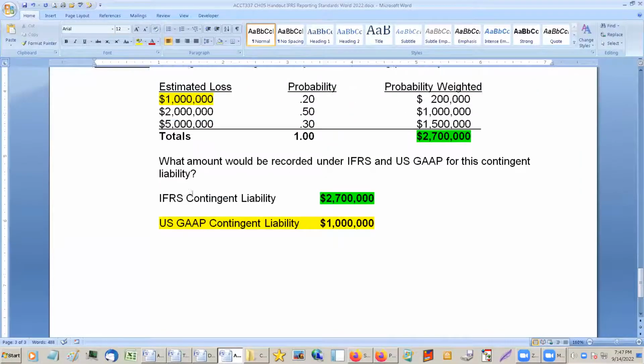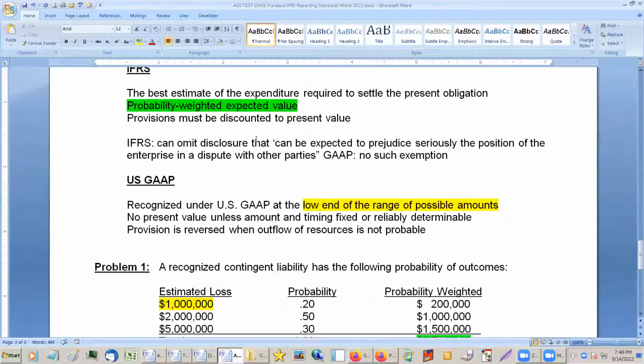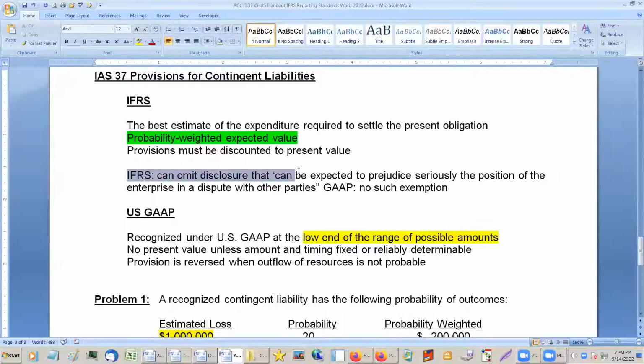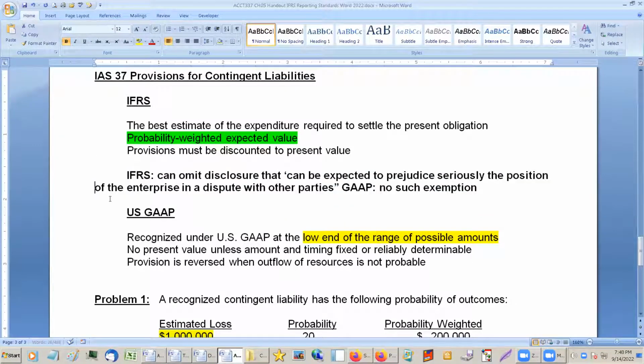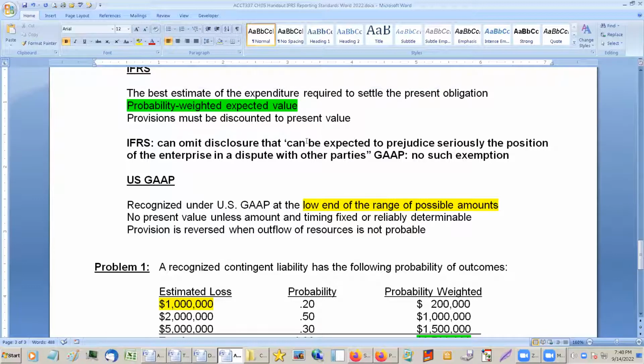It gets even a little bit more convoluted though. For IFRS, they can omit the disclosure if it can be expected to prejudice the seriousness of the position.